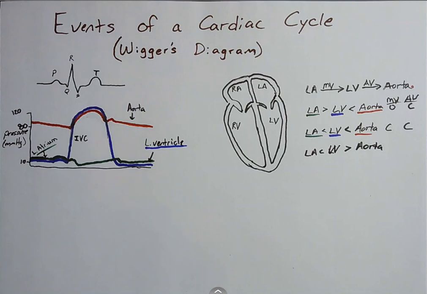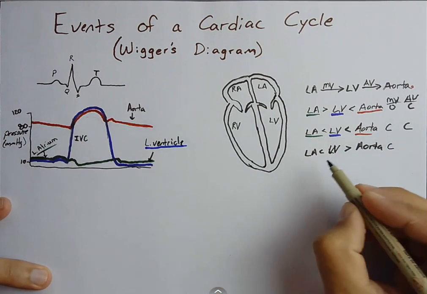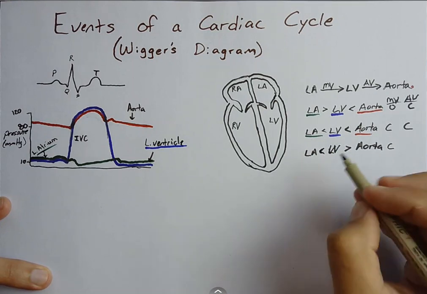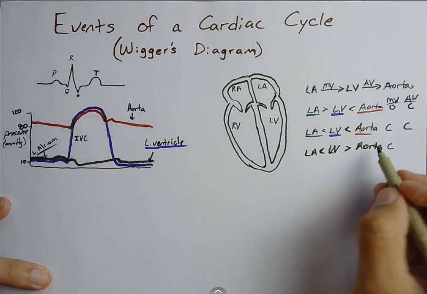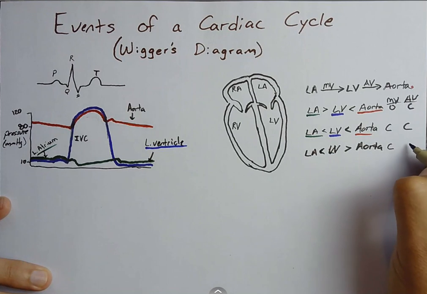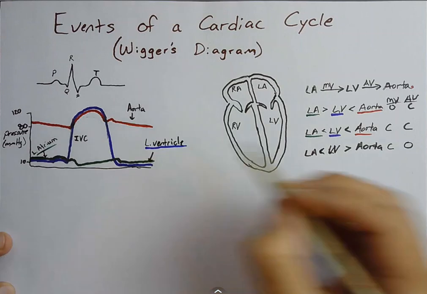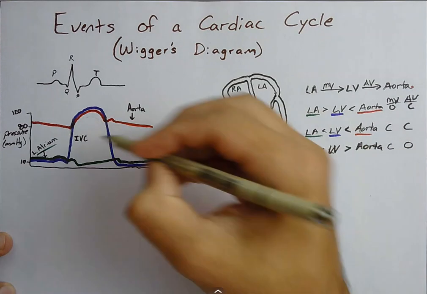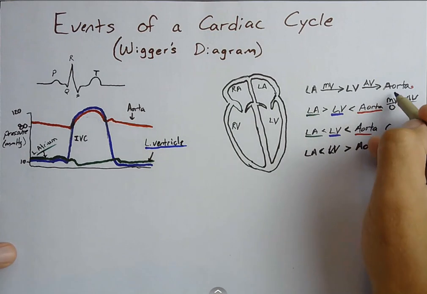What's going to happen now? At this point, the mitral valve is still closed, right? Because left ventricular pressure is greater than left atrial pressure. But when the left ventricular pressure finally gets greater than aortic pressure, then the aortic valve gets to open, at which point blood can finally move from the left ventricle into the aorta.